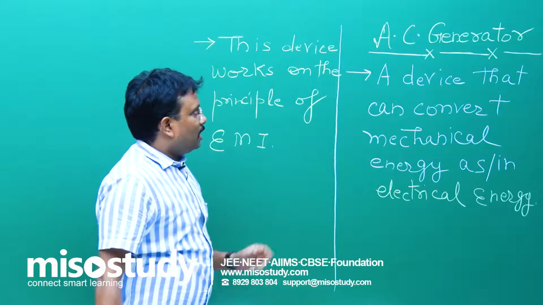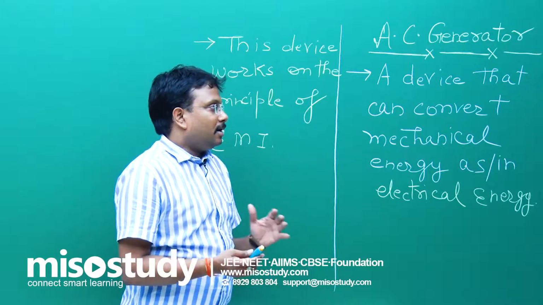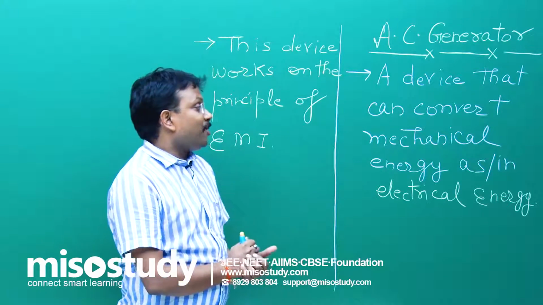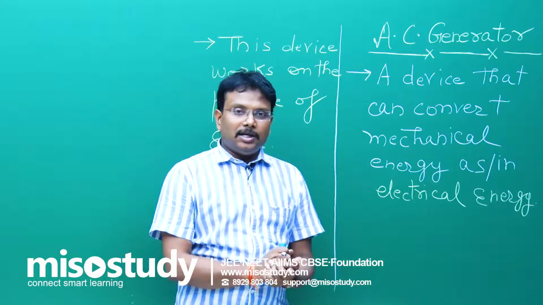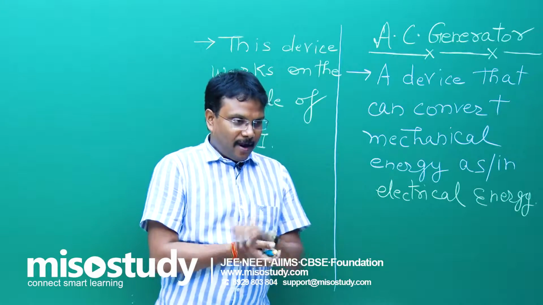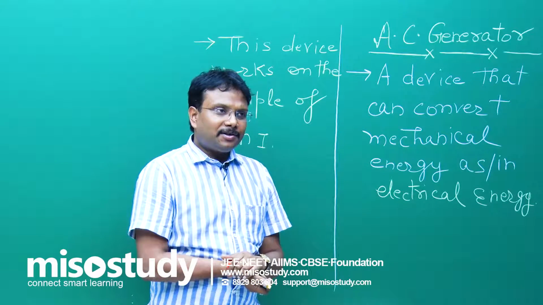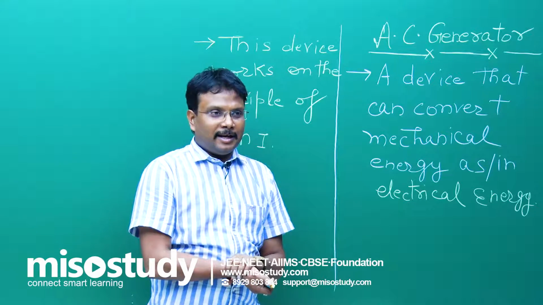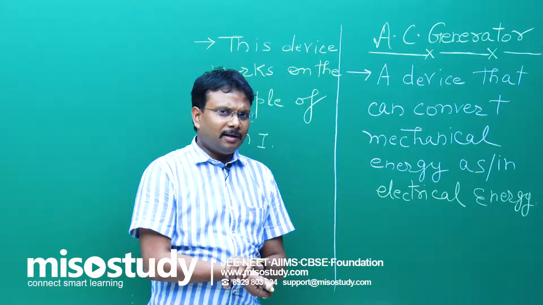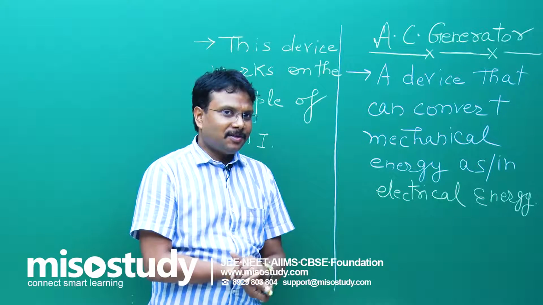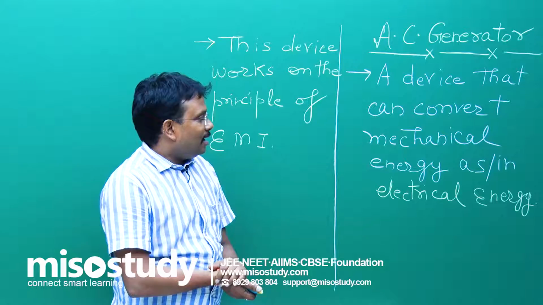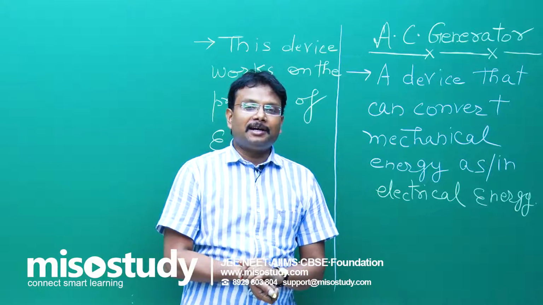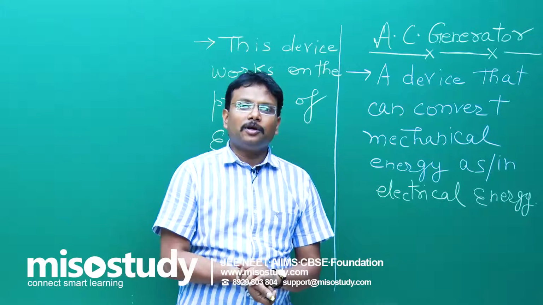This AC generator is a setup, a device, a machine that converts mechanical energy into electrical energy. If I say it converts chemical energy into electrical energy, will you accept this? Let us talk about generators. In a generator you use petrol or diesel.